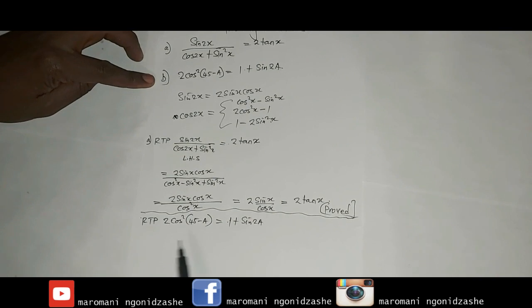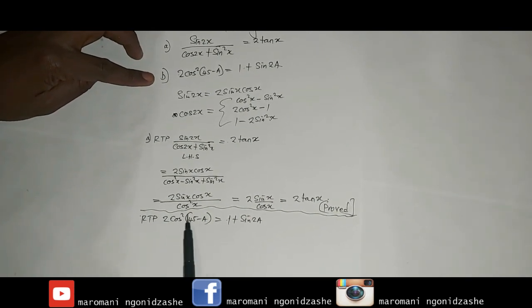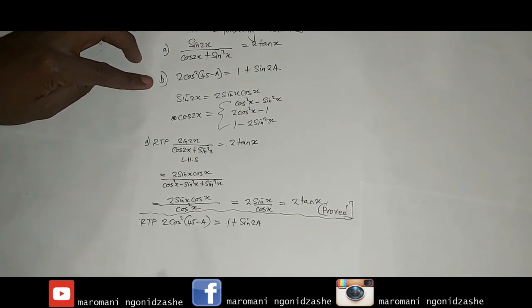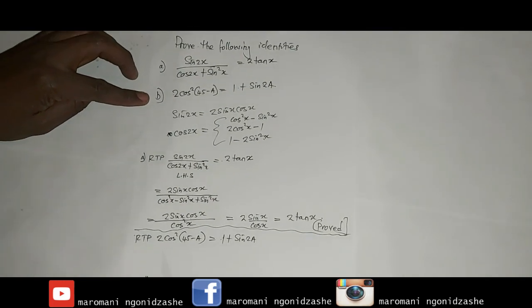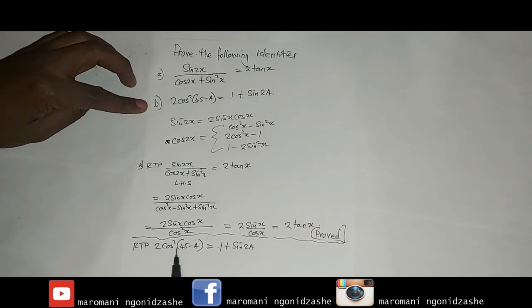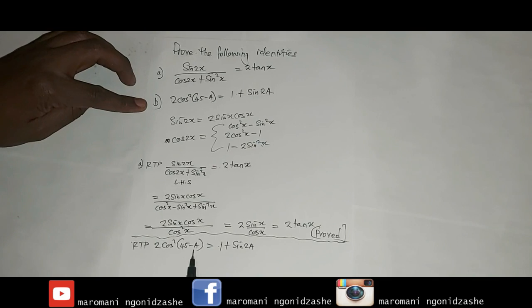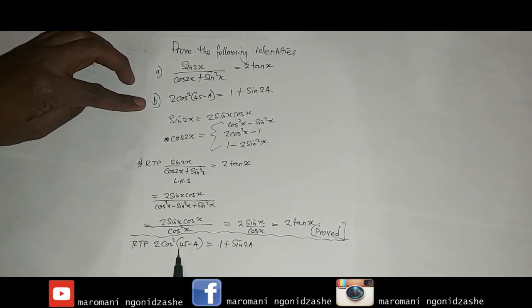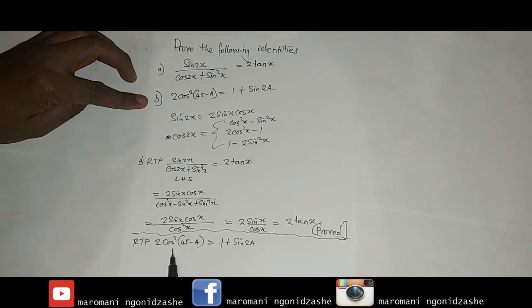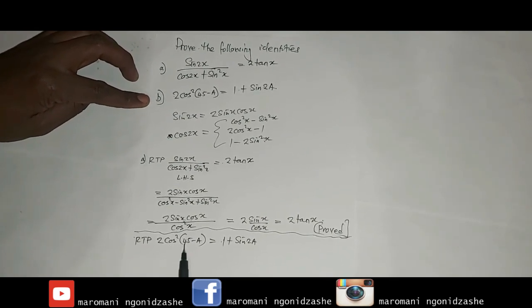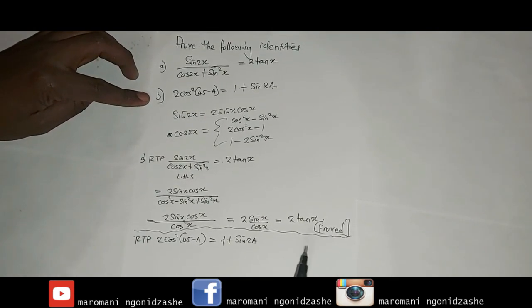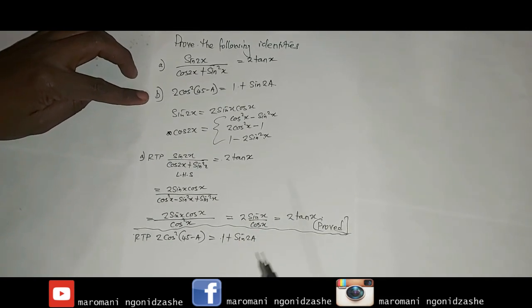Right, as you can see, we need to prove this is equal to that. But look here, it's quite tempting for us to want to expand this using compound angles. That might seem to be right, but it will give us a problem because expanding it will be really a big thing.